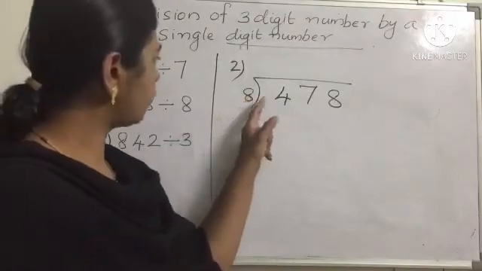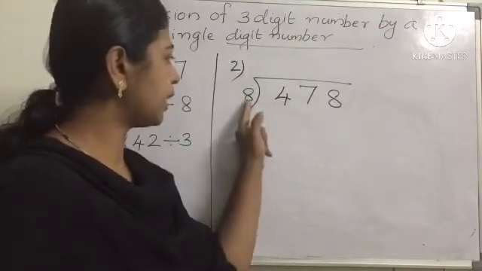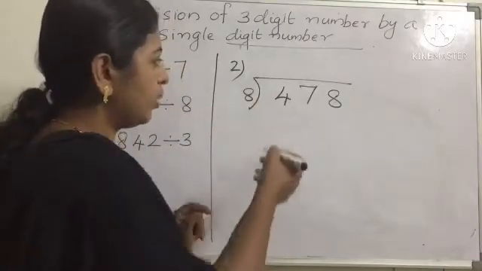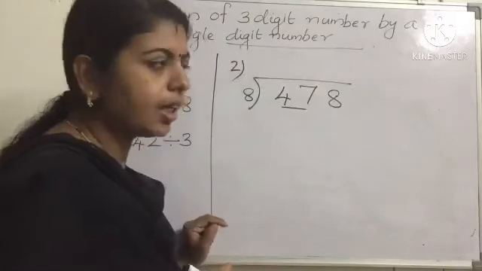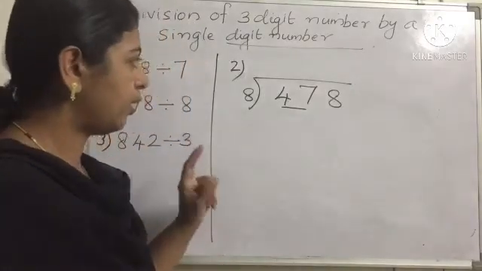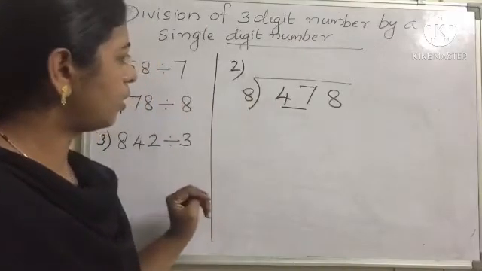Here also this 4 we can't divide by 8 because 4 is smaller than 8. So what will we do? We will take the next digit also. So it's become 47.